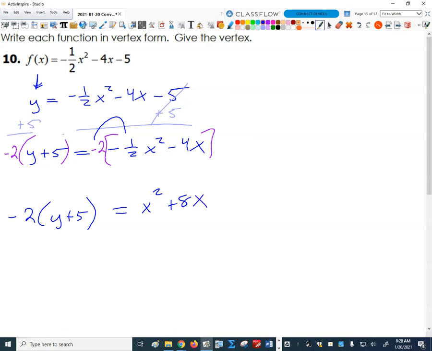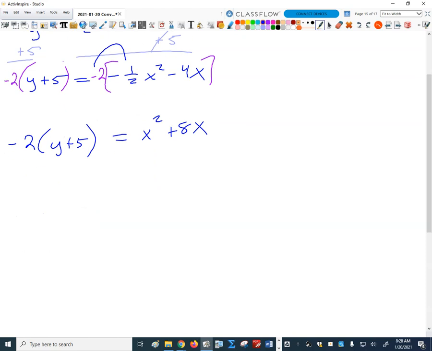Okay, that's looking good. So now, you might be thinking, and this is fine, maybe in this case, because it's so easy to simplify, maybe we do just want to make this negative 2y minus 10. That's okay to do. What are we going to add to both sides?